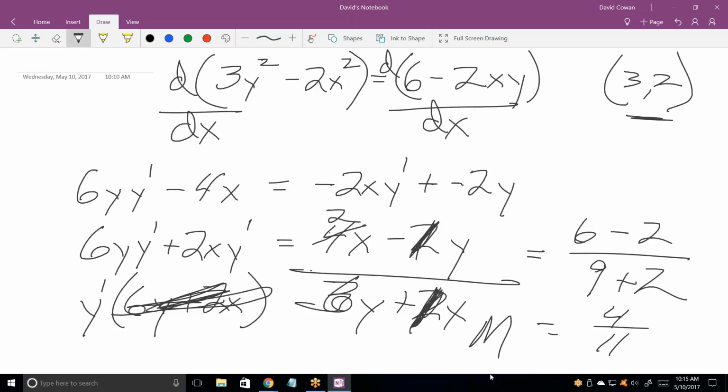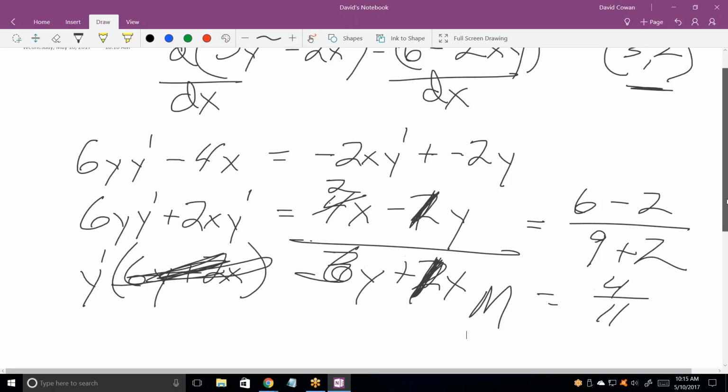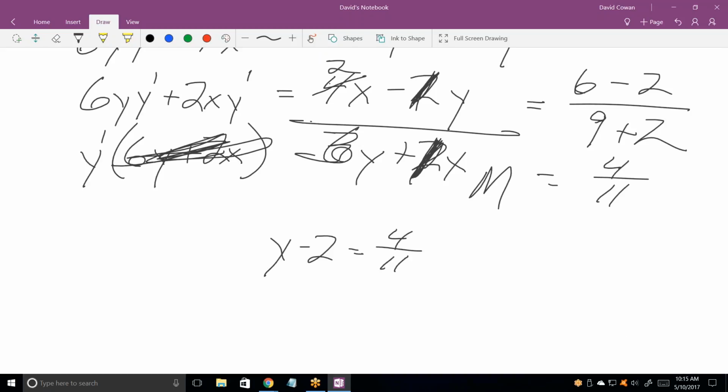Now, how do I come up with the equation of the tangent line? Then you just plug in the x and y values. So it's like y minus 2 equals 4 over 11 times x minus 3, right? Perfect. In other words, that's the point slope format. Different than the slope intercept format, obviously.